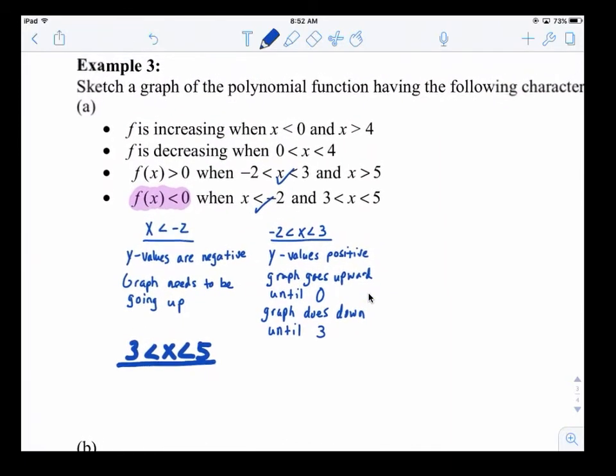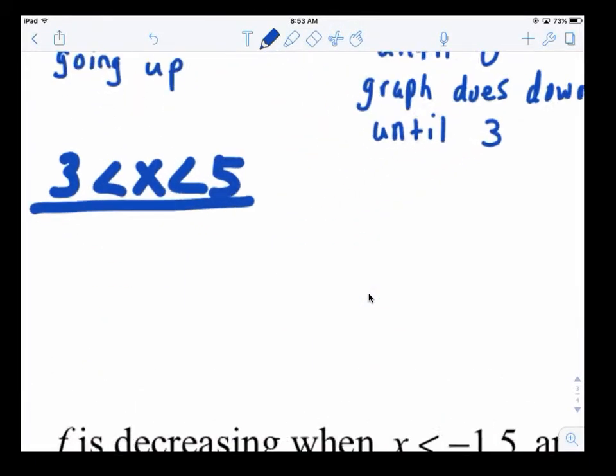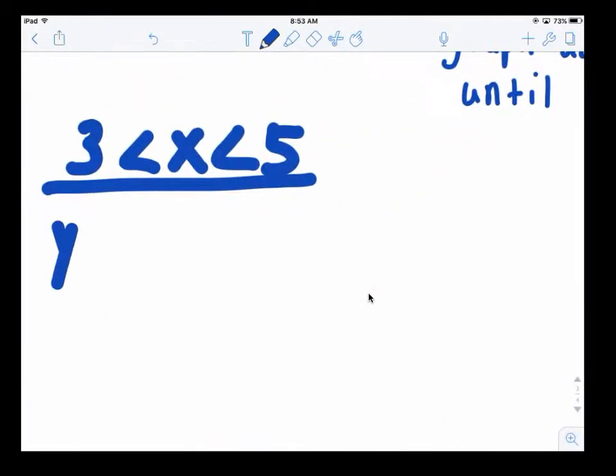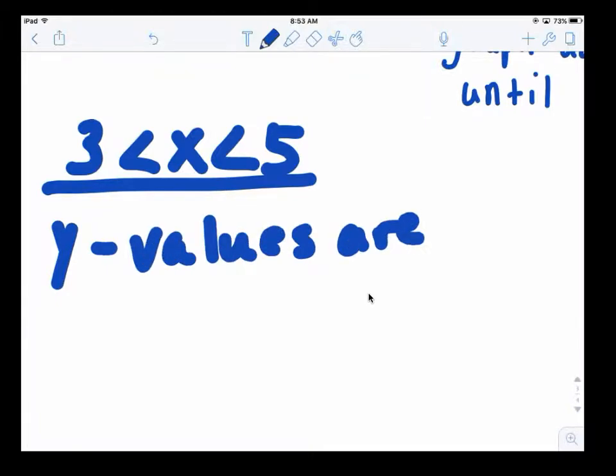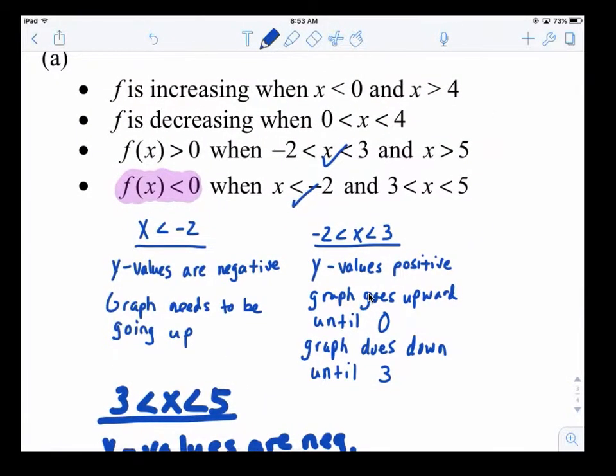All right. So what does it say the y values have to be? Less than. So that means that they need to be negative. So y values are negative. And then I need to keep going down until I get to 4, and then once I get to 4, what do I need to start doing?